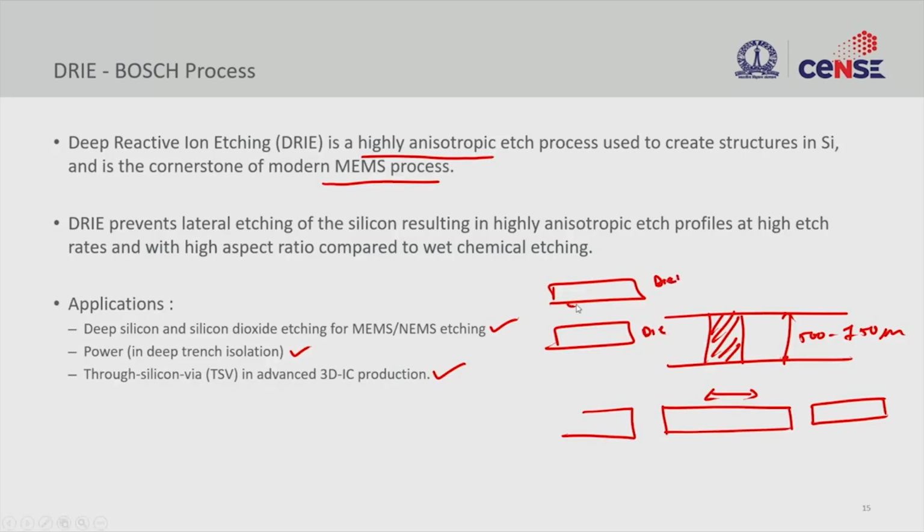If I want to connect these two, you can make deep trenches, right, and by doing that we will be able to connect all of this electrically, right? This is what is used in present day memory chips, right? With high density memory chips, we use through silicon via for 3D integration.